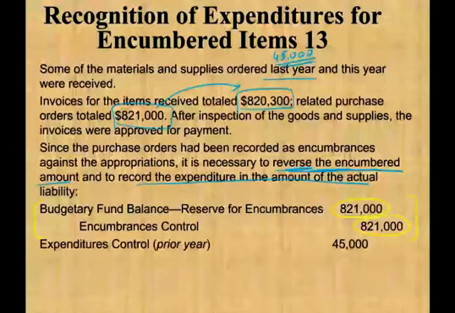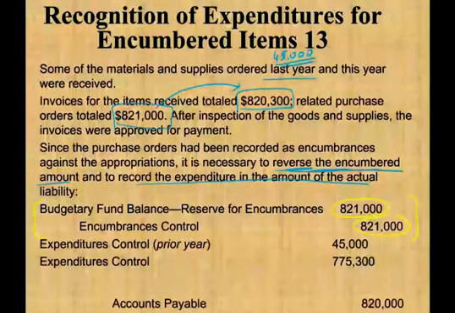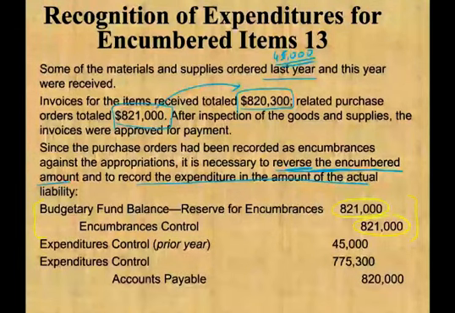So what's going to happen is this. We're going to debit expenditure $45,000 for the prior year. The prior year we had that expenditure outstanding. Now we're done with it. We debit expenditure control $775,300, and we're going to credit accounts payable for $820,300. Let's add this up.